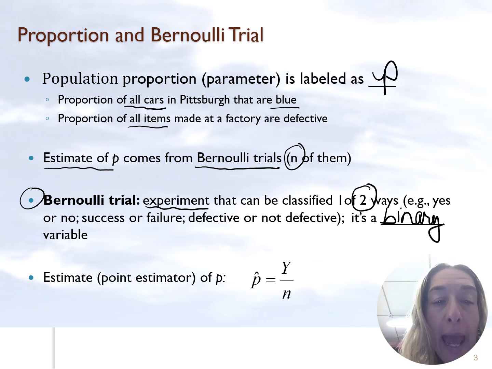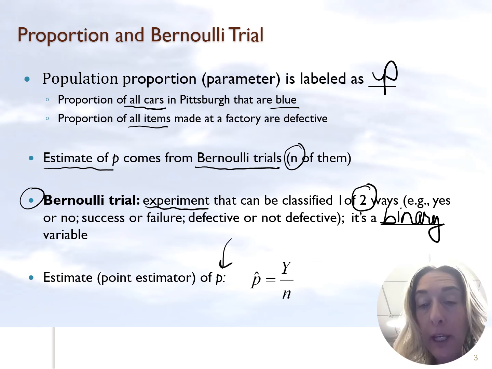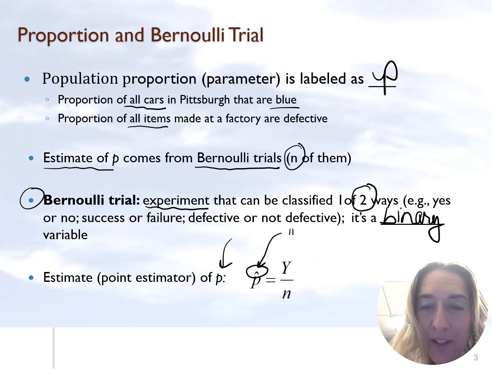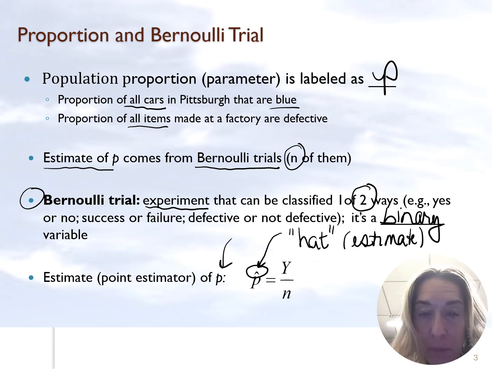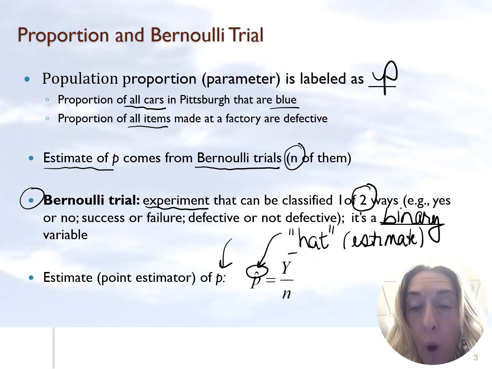An estimate or a point estimator for the population proportion is given by p hat. The little symbol over the p, that's a hat, and when we use a hat, that just means estimate. So p hat, or the estimate of p, is given by y over n.